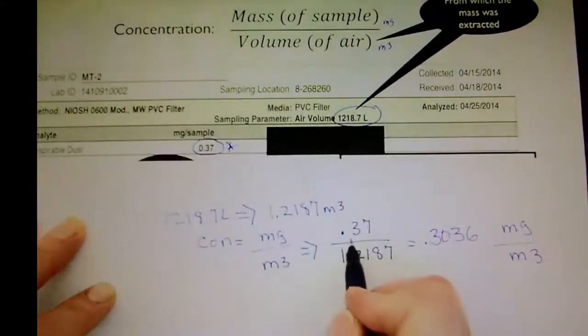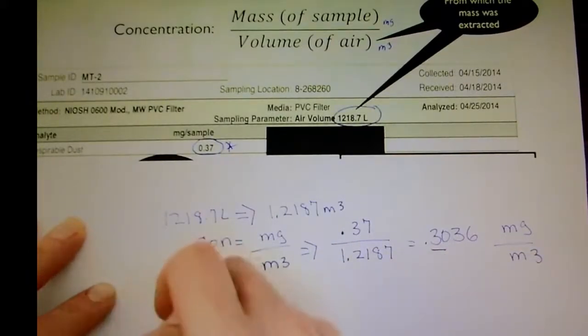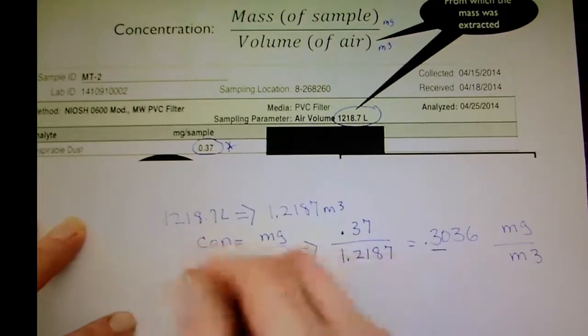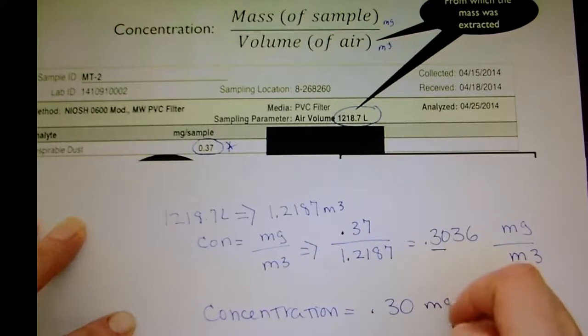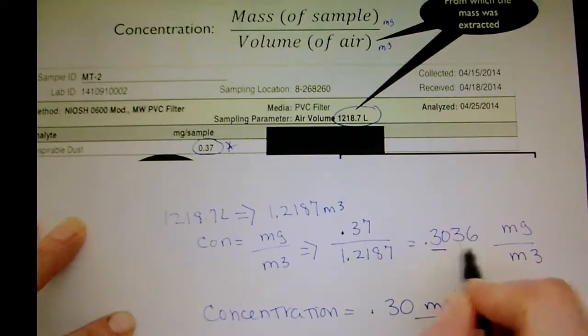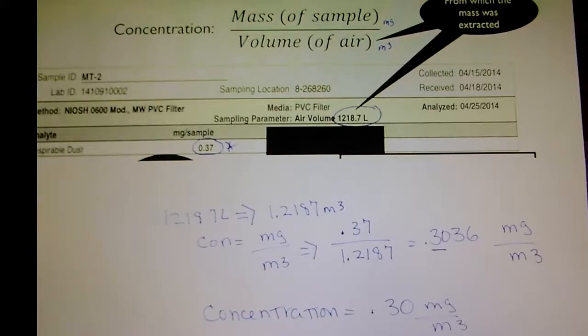And we only have 2 significant digits here, so we can only use 2 significant digits, which means our answer is 0.30. Having this 0 here lets you know that this is a significant digit. It's a significant 0 after the decimal point, so we keep it there. And that's how we calculate our concentration.